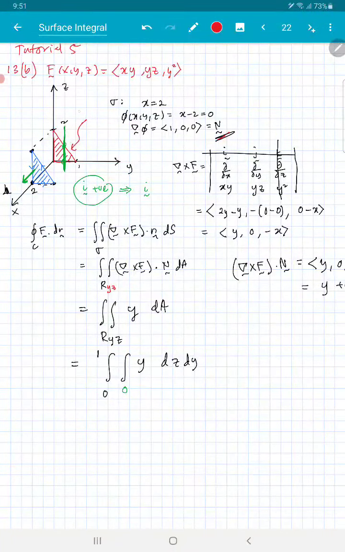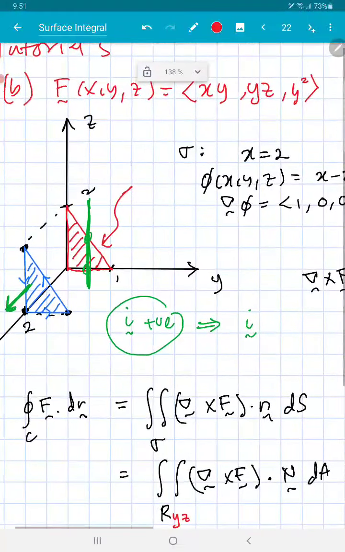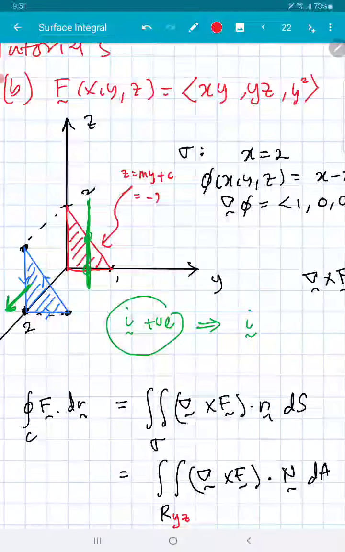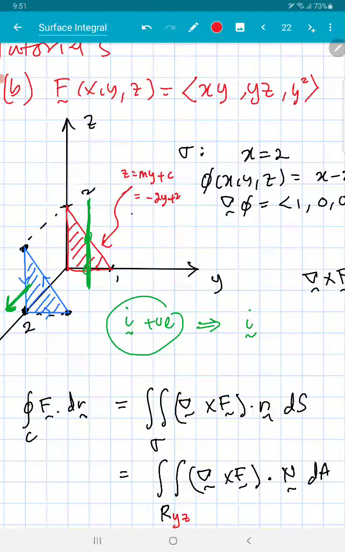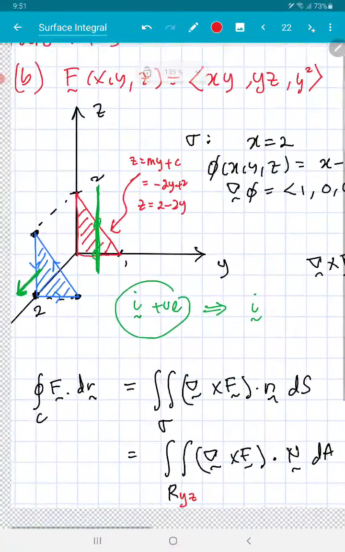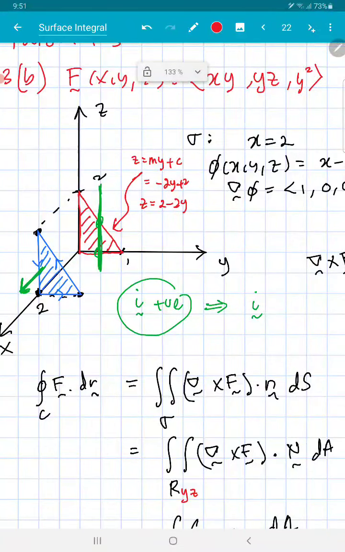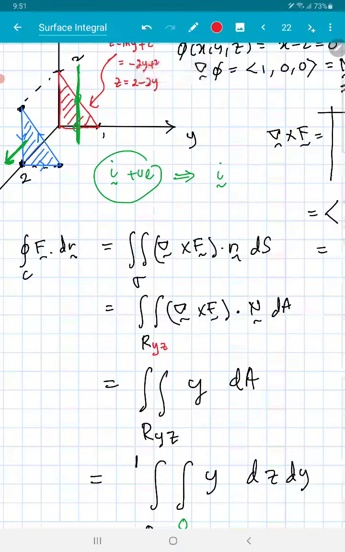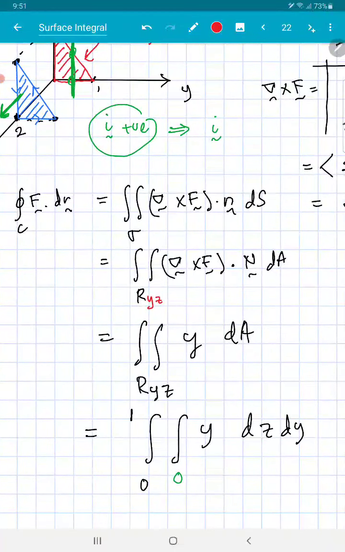So it's going to be z equals my plus c. So the slope is negative, so we have negative 2y plus 2. So z is 2 minus 2y. Okay, let's check. When y is 0, z is 2. Yep. When y is 1, you get 2 minus 2, so z is 0. So the upper limit for z is 2 minus 2y.